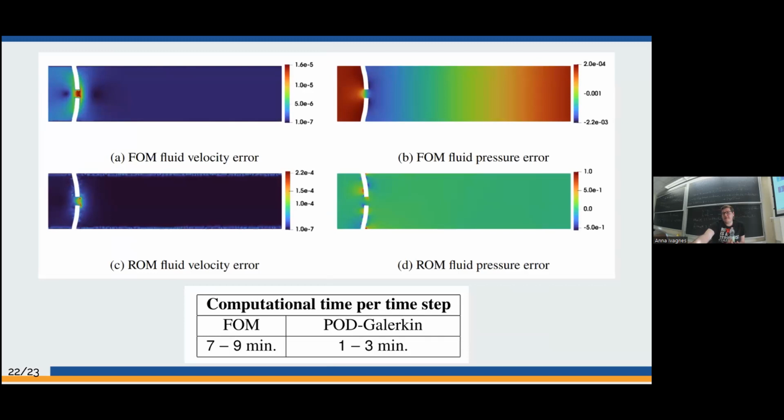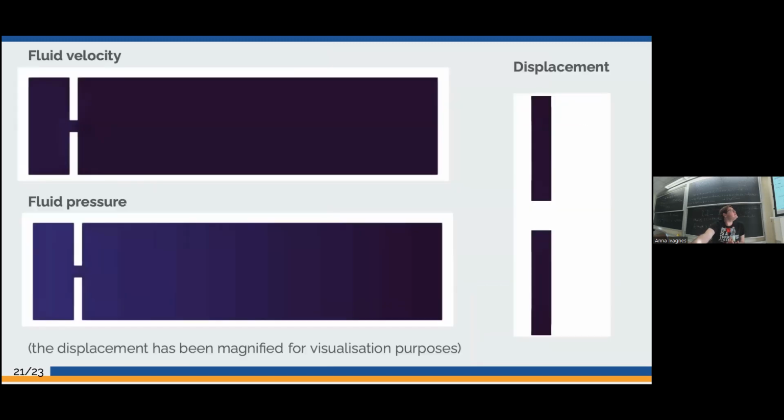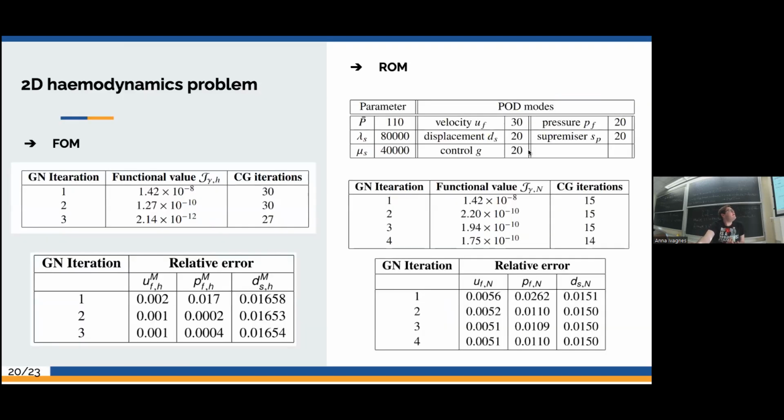First of all, I'd like to understand the snapshots. How many snapshots do you compute? What do they represent? I guess they are positions of the structure.